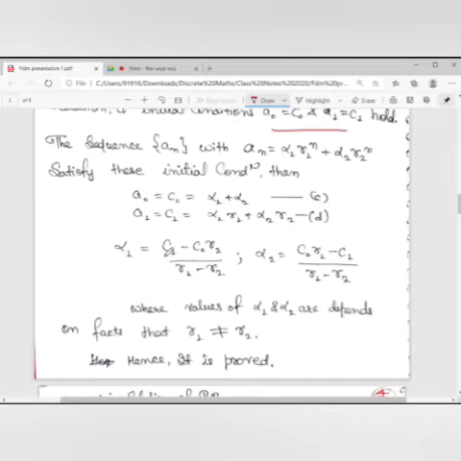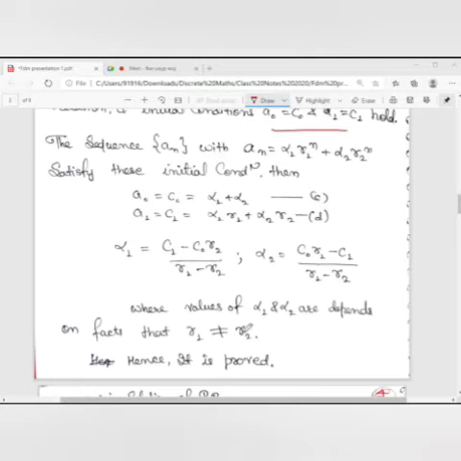Alpha 1 is equal to (C1 minus C0 R2) upon (R1 minus R2), and alpha 2 is equal to (C0 R1 minus C1) upon (R1 minus R2), where the values of R1 and R2 depend on the fact that R1 is not equal to R2. Here we already took in the theorem that if R1 is equal to R2, then the theorem will be wrong, because we have taken only two distinct roots, so it cannot be R1 equal to R2.